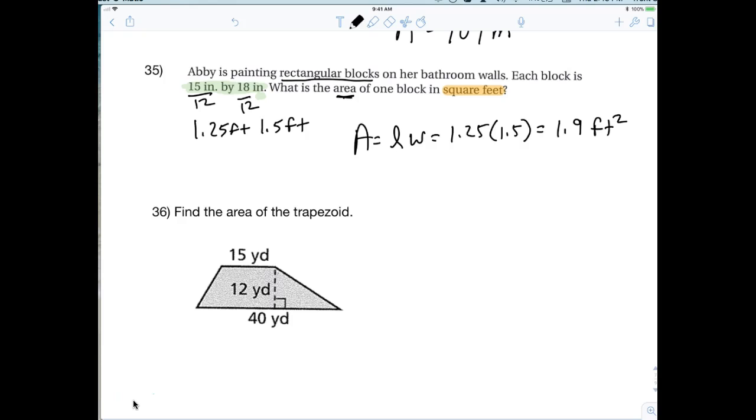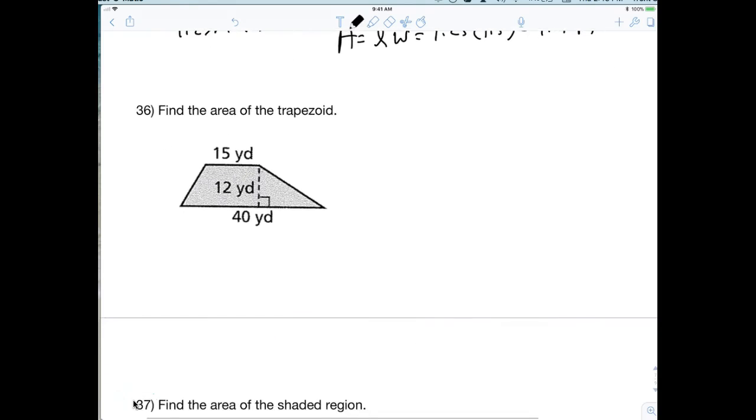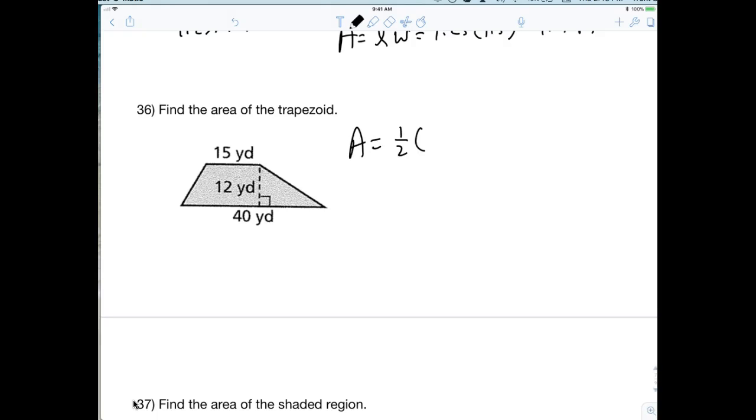Right? All right. Again, how do I find the area of a trapezoid? Write that formula down 10 times. What is the formula? A equals 1/2 base 1 plus base 2 times the height.